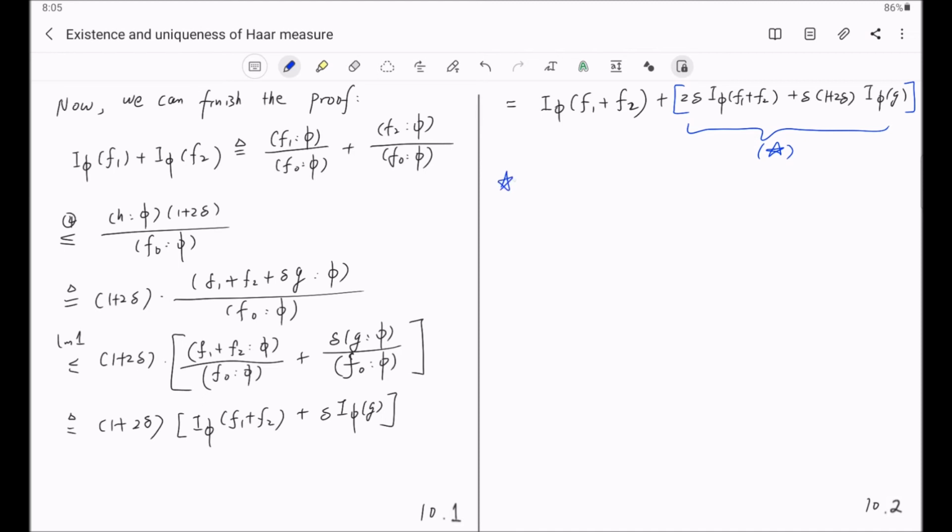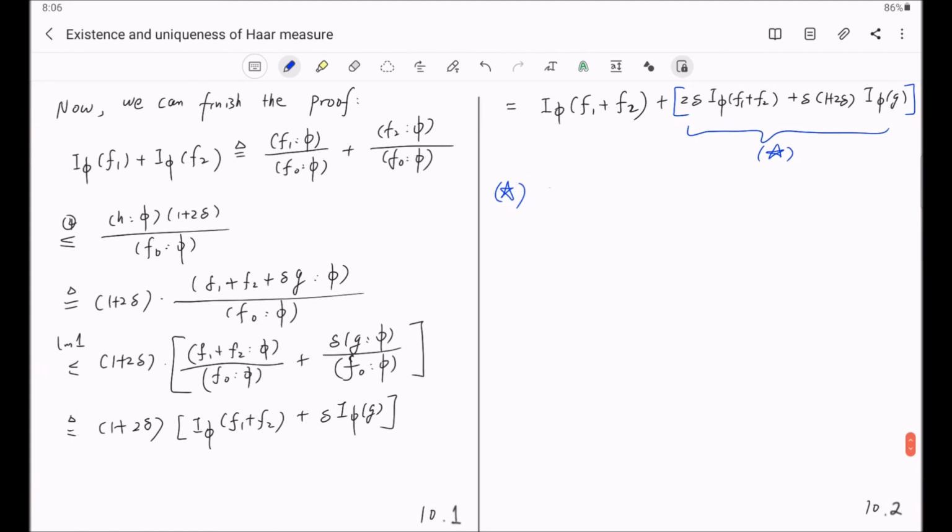The star part is equal to, and observe that the star part is less than or equal to 2 delta times f1 plus f2 column f naught plus delta times 1 plus 2 delta times g column f naught.